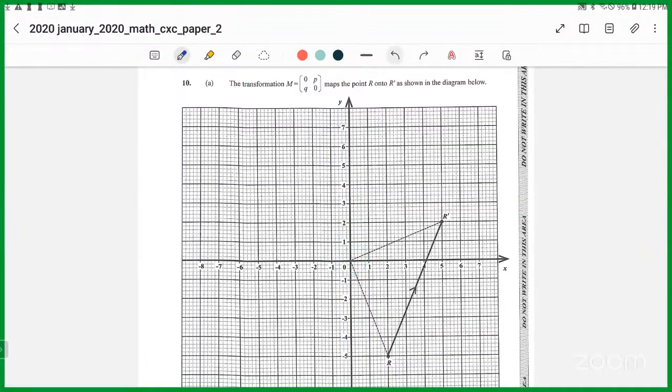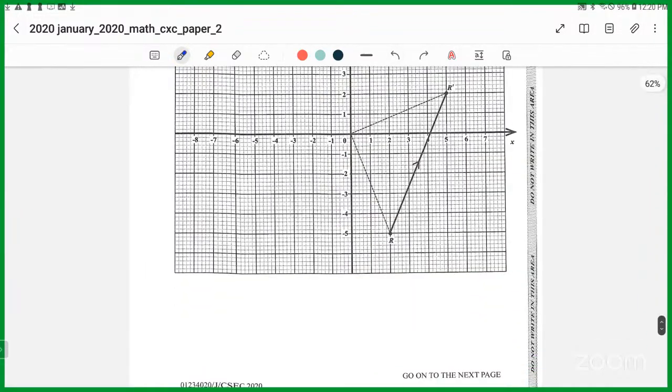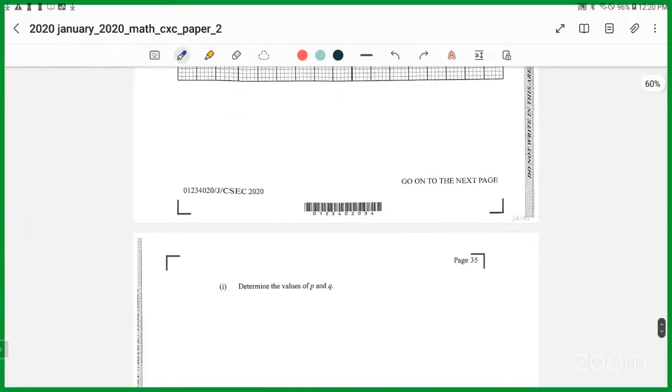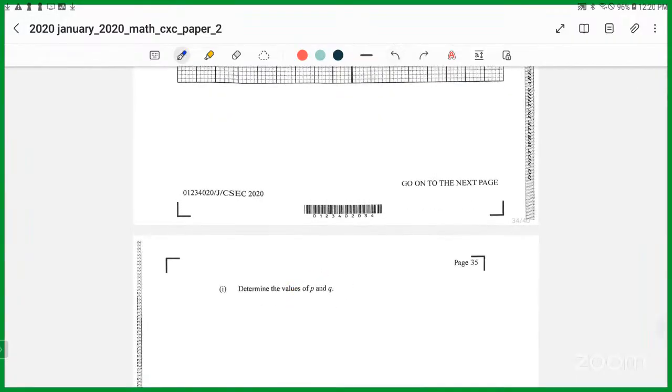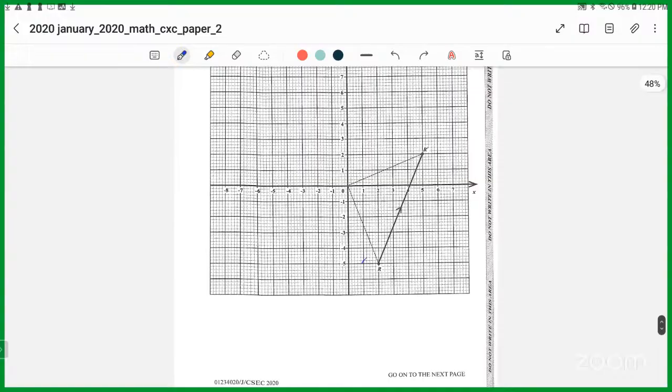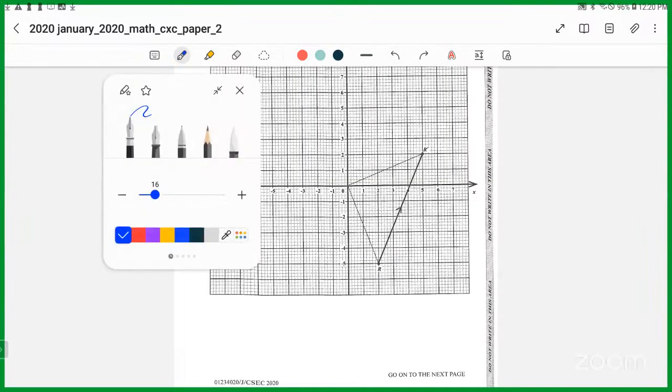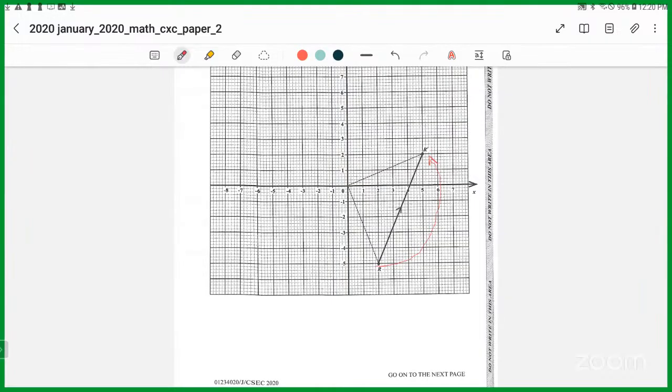It says determine the values of P and Q. So you have to know the transformation. This to this is like a rotation this way, an anti-clockwise 90-degree rotation from this center point. The distance and distance is the same.